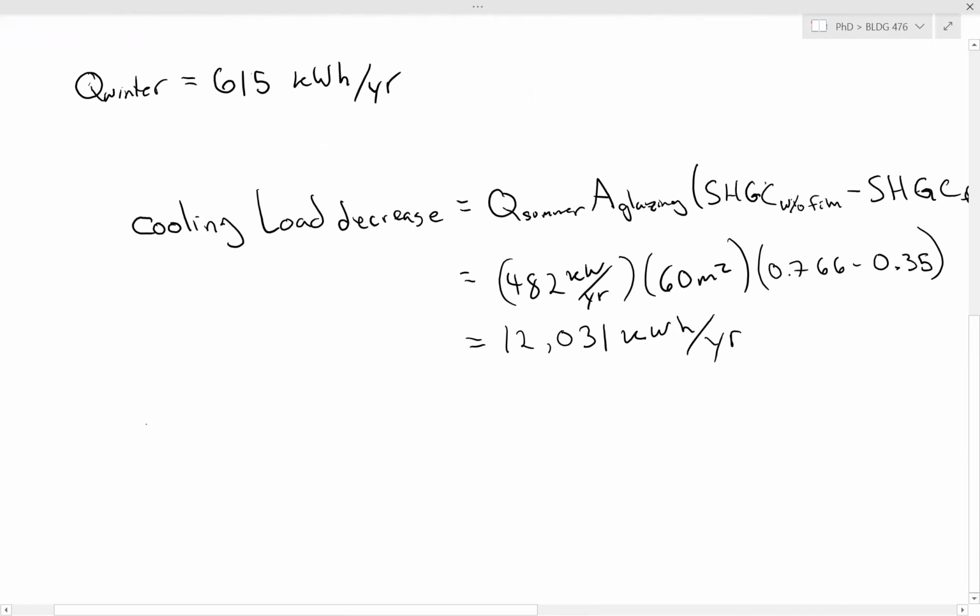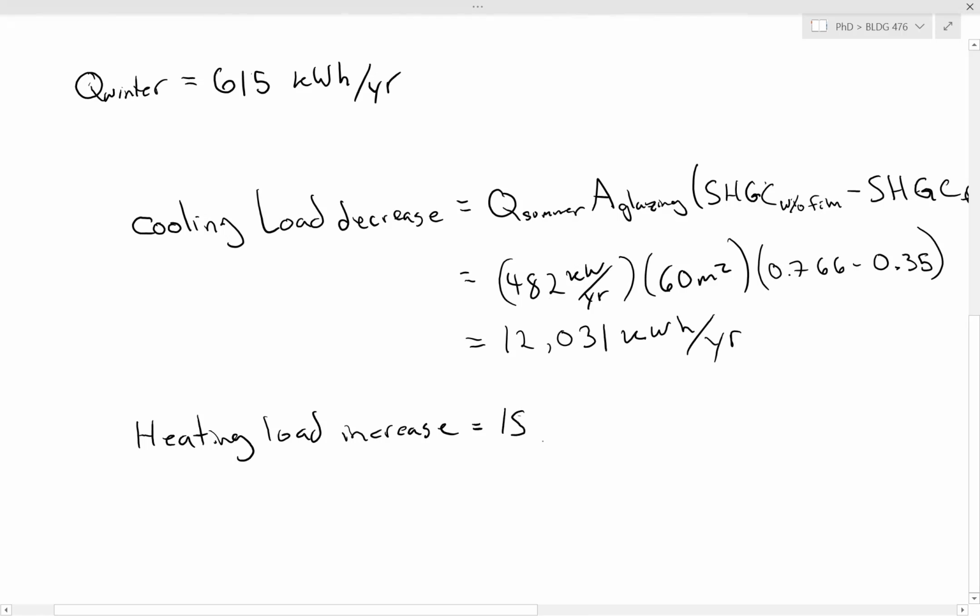Okay. And then we're also going to look at the heating load increase. Same calculation again with the heating loads.